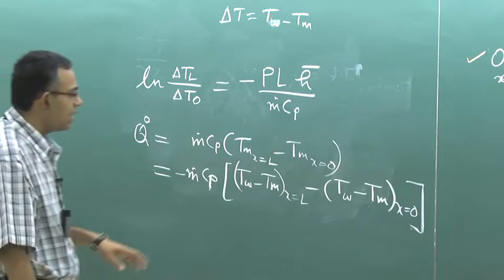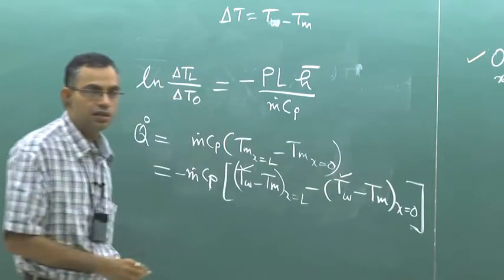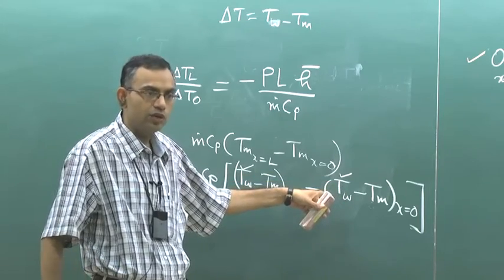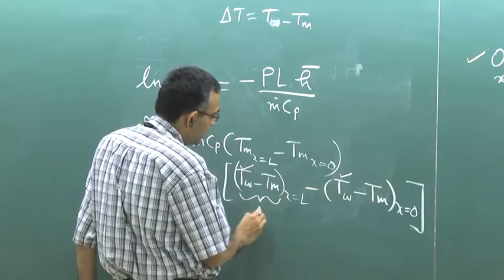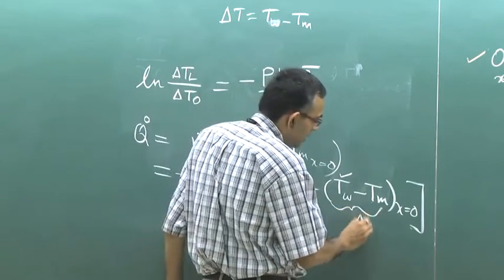See, we can write this because this T wall is a constant. So it is just adding and subtracting the same constant from the two terms. But why we have done this is because this is the delta T at x equal to L and this is the delta T at x equal to 0.